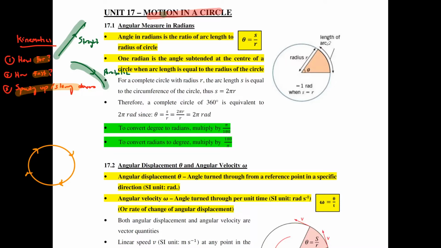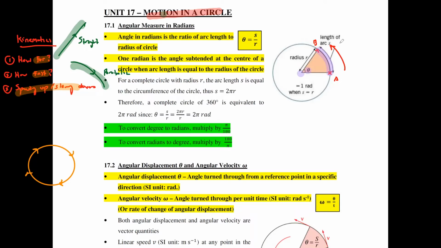First things first, let's just say that you have an object that is at position A, and then it moves all the way to position B, following the path of a circle, like the ones that you're seeing right over here. When it moves like this, it will tend to make an angle at the center of the circle.